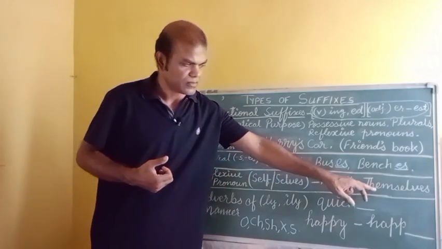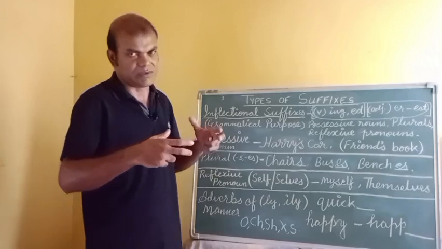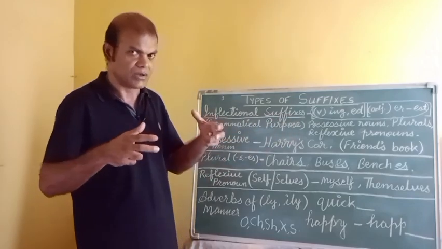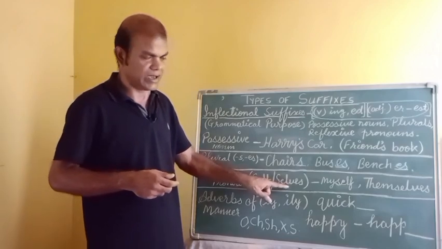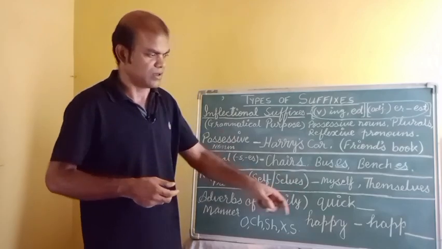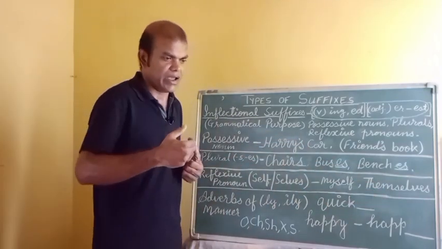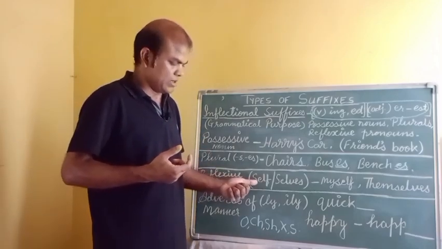Now plural pronouns, themselves or ourselves. These are the plural pronouns. When we are using the suffixes for the plural pronoun, we are going to add this suffix selves, themselves, ourselves. Okay, and you must notice the pronunciation also.